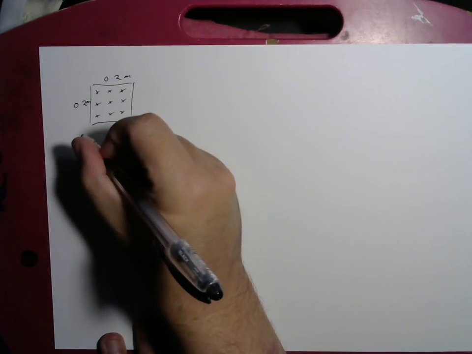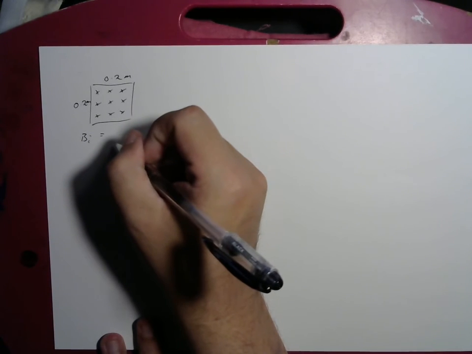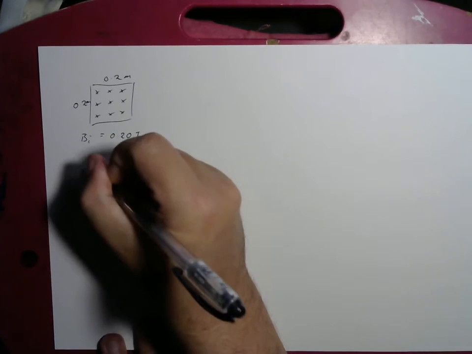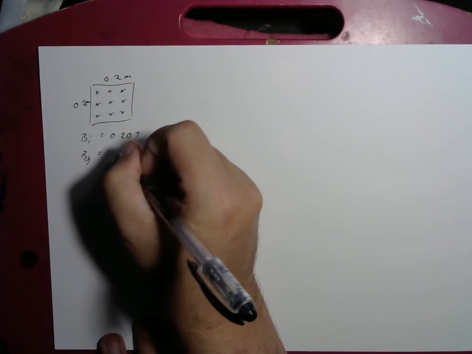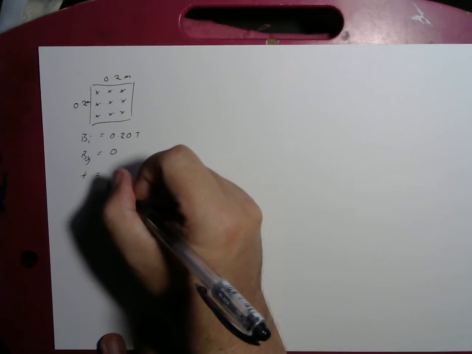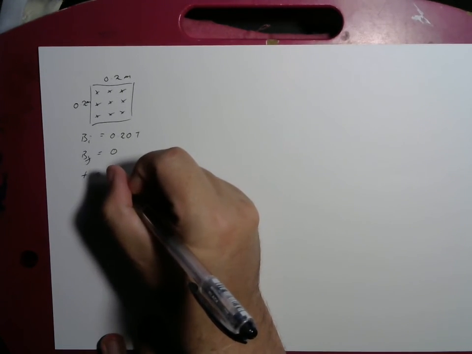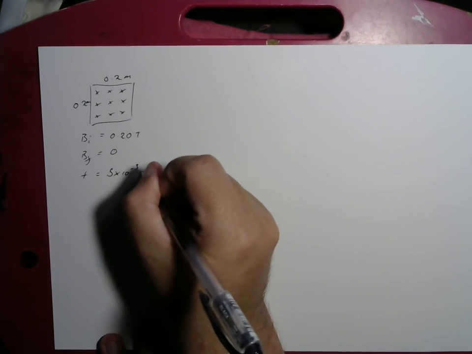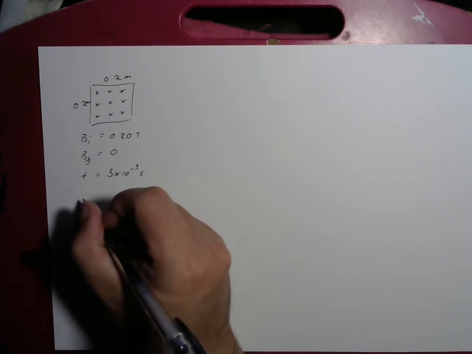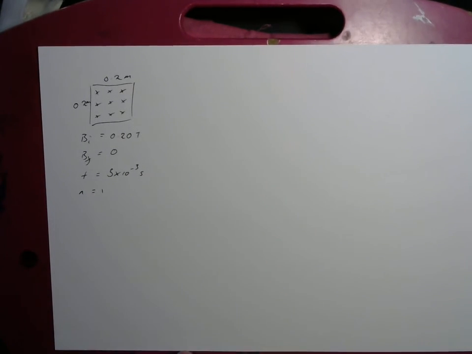We are told that B initial equals 0.20 Tesla, and B final equals 0. And the time it takes is equal to 5 milliseconds, 5 times 10 to the negative 3 seconds. Always convert, makes it so much quicker. Don't even worry about writing it down with the prefixes there. Let's see, anything else from the question? Oh, N. There's just one loop, so N will equal 1.